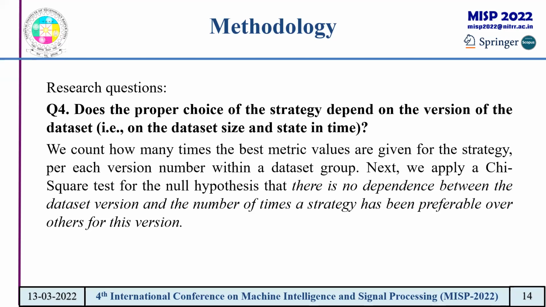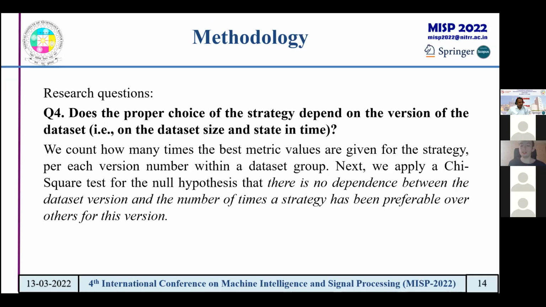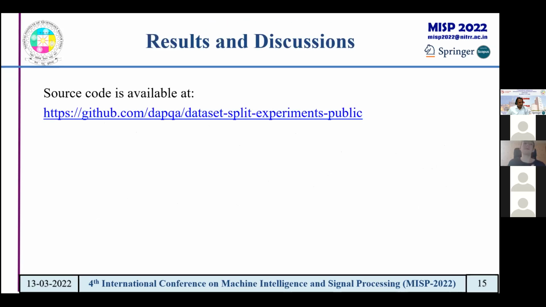The null hypothesis is that there is no dependence between the dataset version and the optimal strategy choice. In this case, the chi-square test is applicable. So experiments are performed using our own fast implementations of SVD and the SVD++ algorithms and well-known Python libraries. Source code and raw experimental data are available on GitHub.